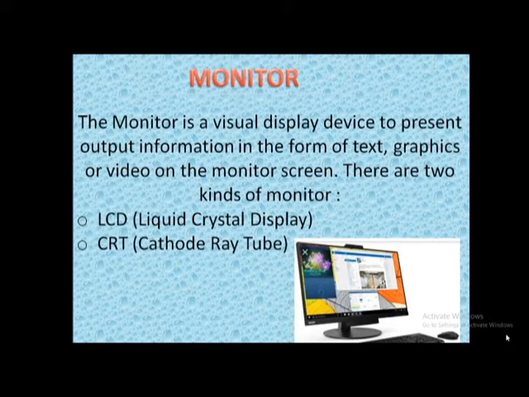There are two types of monitor: first, liquid crystal display; second, cathode ray tube. Liquid crystal display is the technology used for displays in notebook and other smaller computers. Cathode ray tube is basically a vacuum tube with an electron gun and a fluorescent screen.